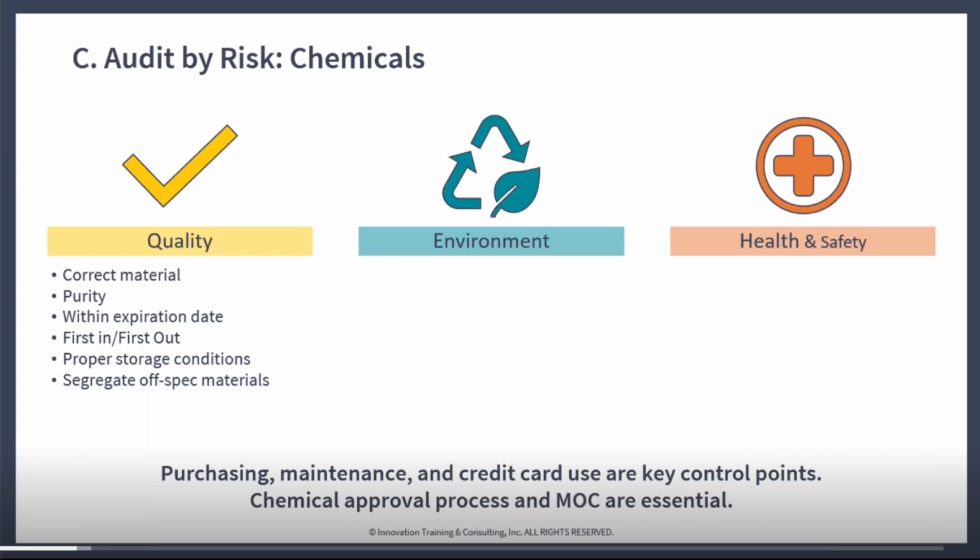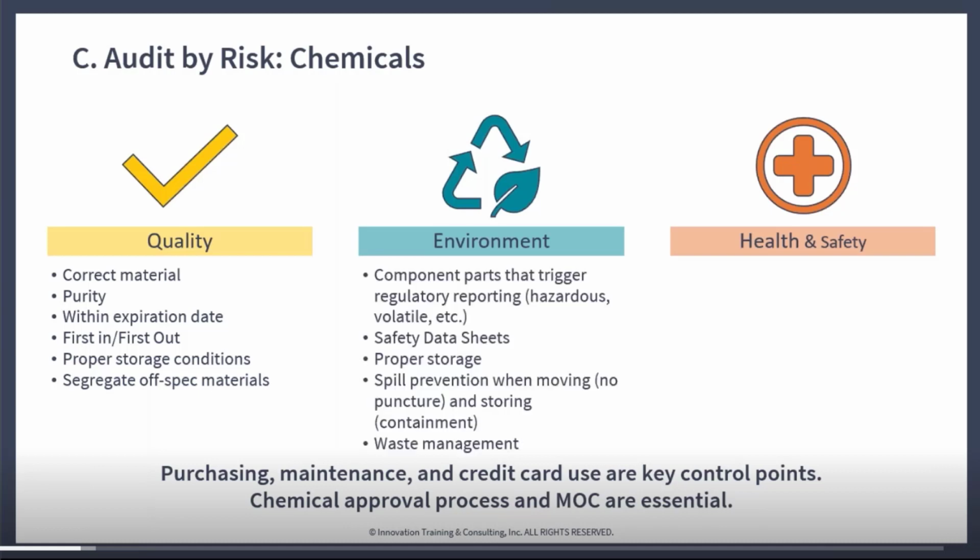If I put my environment glasses on, I may be going to the safety data sheets, making sure the component parts to see if there's anything that triggers regulatory reporting, perhaps hazardous materials, volatile organics, and such. And we want to protect any type of movement, right? We don't want to be puncturing the drums or the totes, or if we're storing things, we are likely to need containment. So again, if we have a spill, we don't lose control of the material.